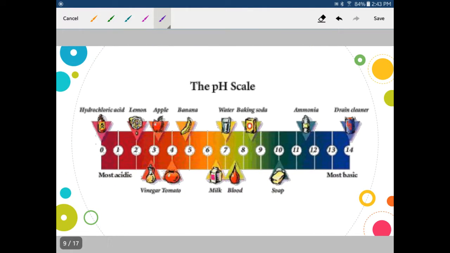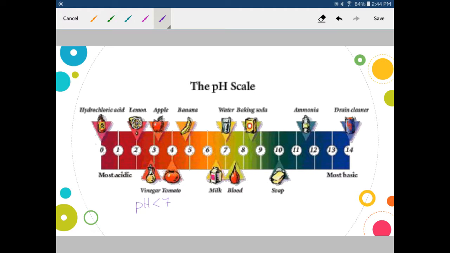Now, back to our pH scale. Sorry that this image is a little bit blurry. I'm not sure what happened here, but you should all be pretty familiar with the pH scale. It is a concept that we've touched on throughout your schooling career. Essentially, I want to remind you that our really, really acidic entities have a very, very low pH, or a pH less than 7.